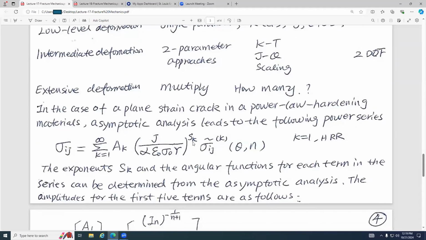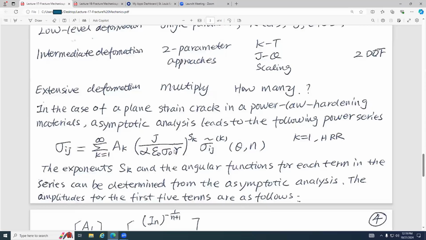So it is s_k times sigma ij wave as a function of k, theta and n. When k equals 1, this equation reduces to the HRR equation.